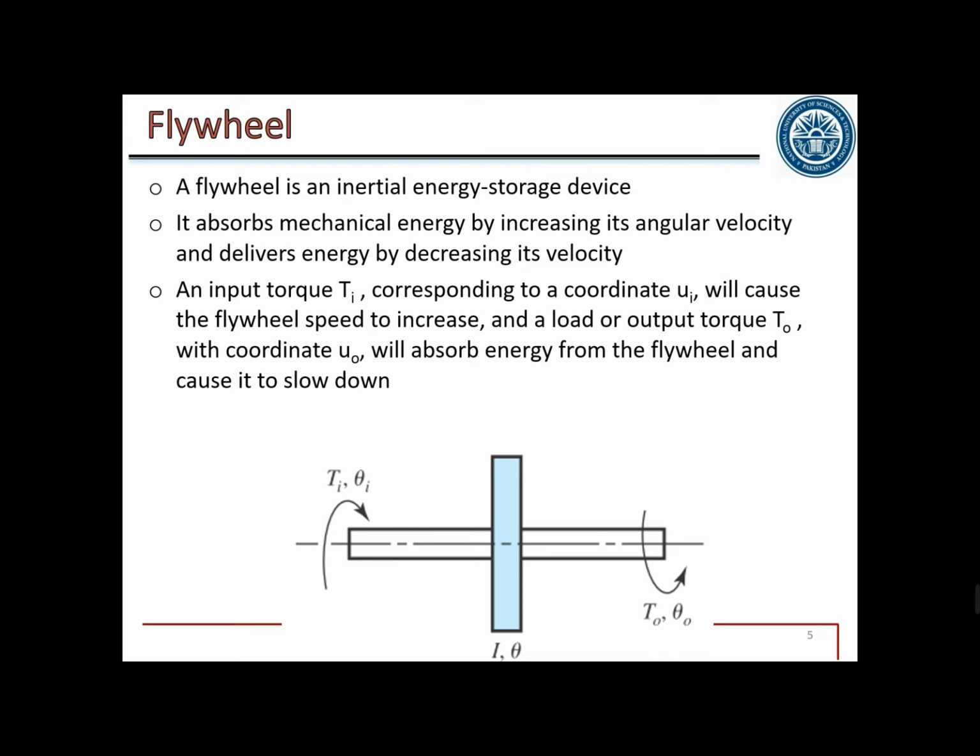Because your car has inertia. Due to that inertia, your car moves. It does not stop. The function of the flywheel is the same. If you are changing gear, or even while it is moving, the flywheel provides your car a constant output velocity.